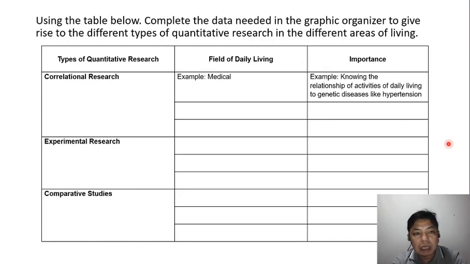So, I list down three here: correlational, experimental, and comparative. And then you are going to choose a field under your study. For example, in correlational, ang field na napili nyo is medical. What do you think is the importance of correlational research in medical field? Okay, so ganun lang kadali yun.